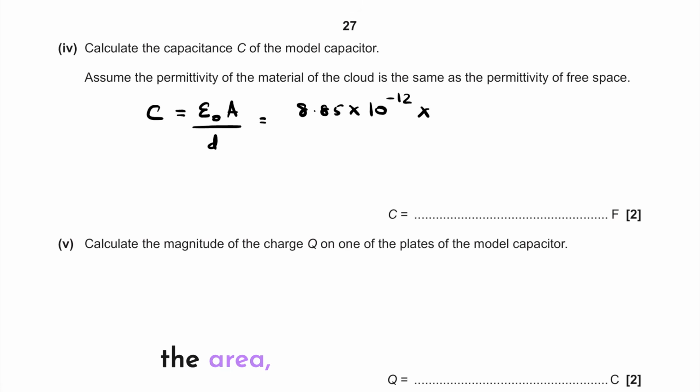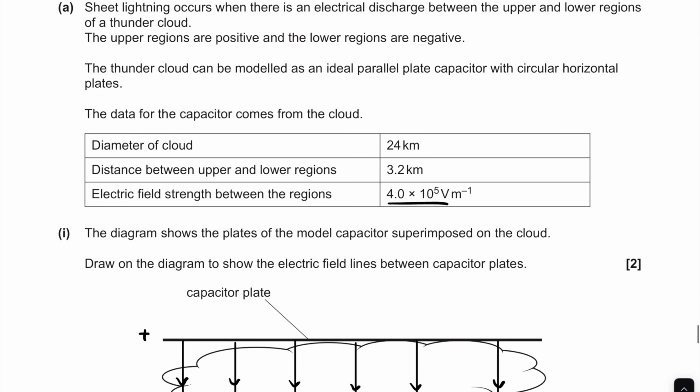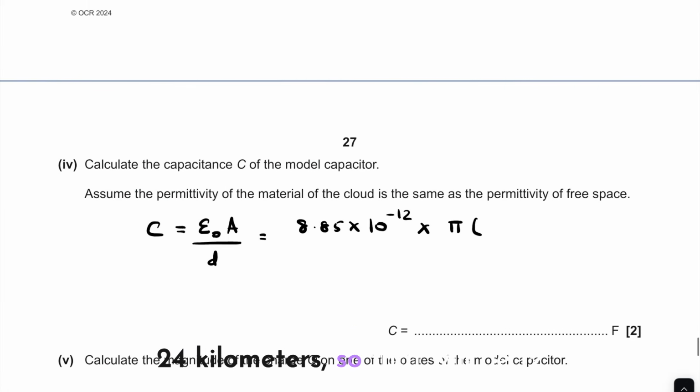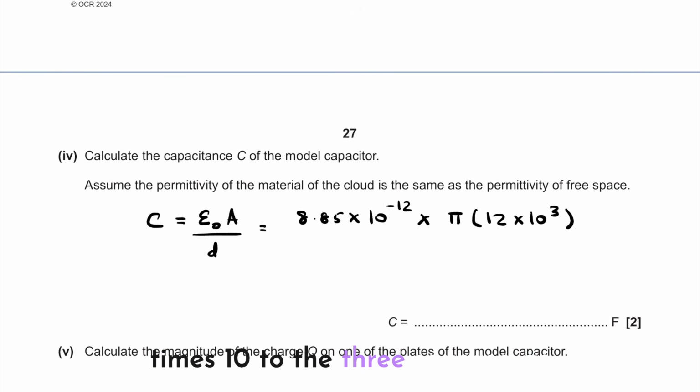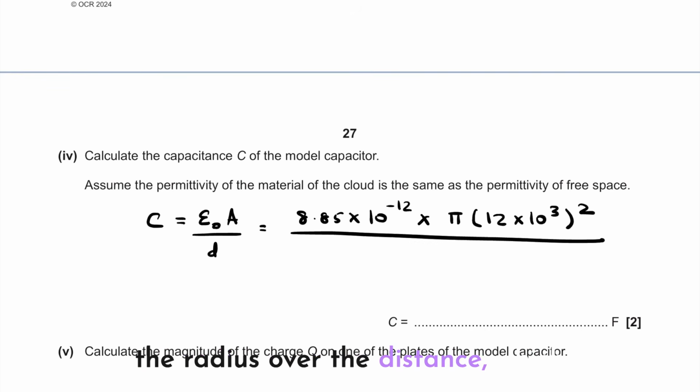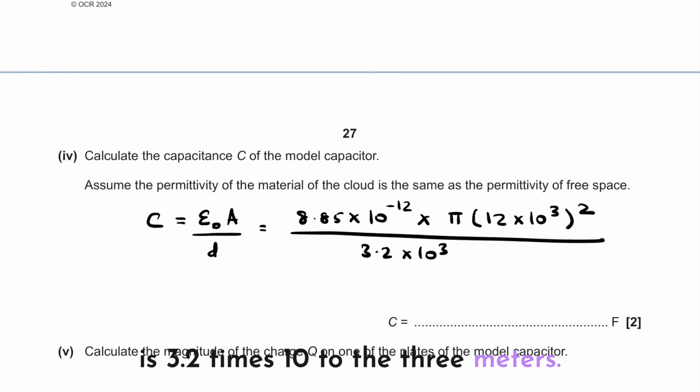Work out the area, which is pi r squared. The diameter was given as 24 kilometers, so that will be pi times 12 times 10 to the 3 squared as the radius, over the distance, which is 3.2 times 10 to the 3 meters.